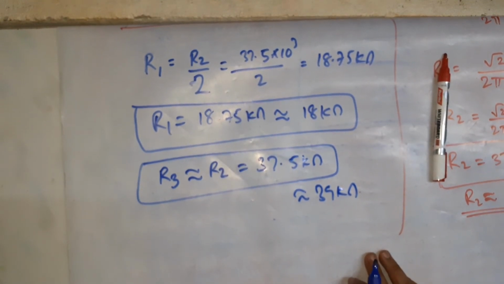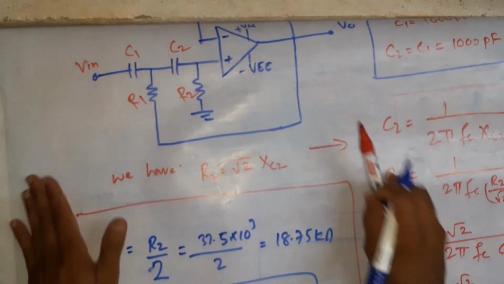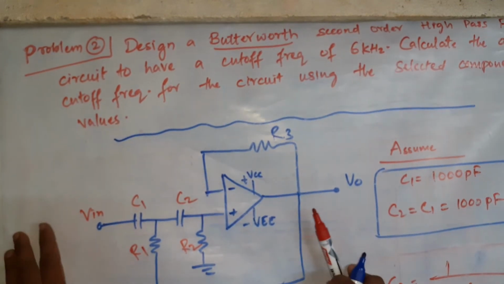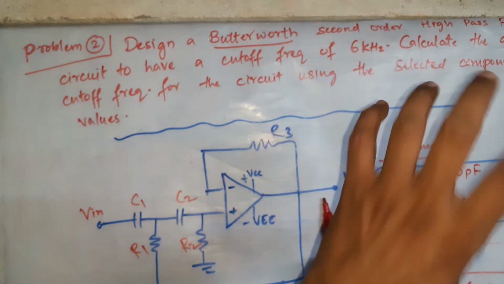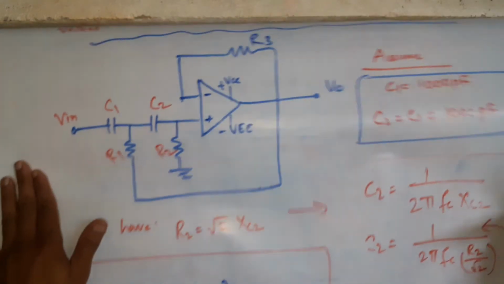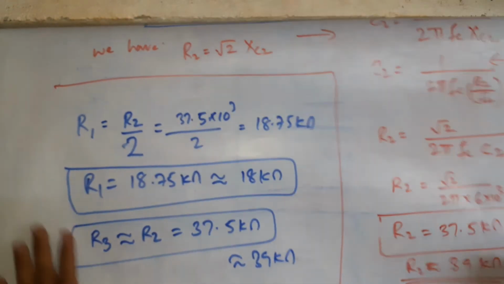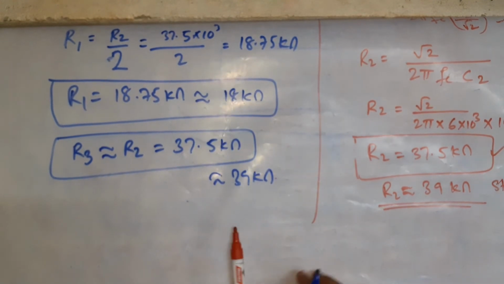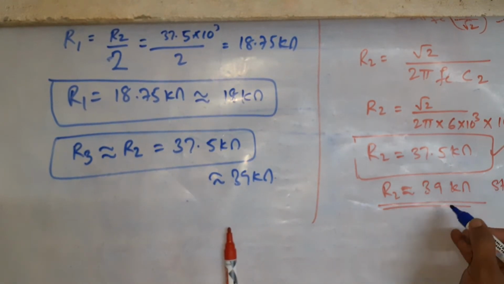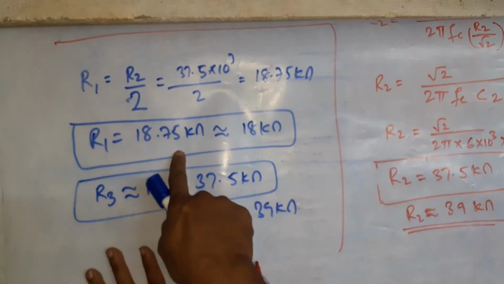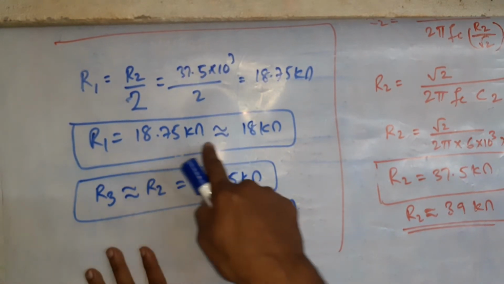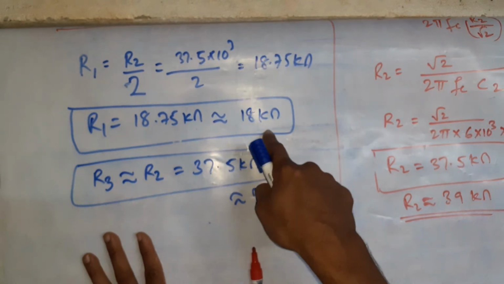Now what is asked? Calculate the actual cutoff frequency for the circuit using selected components. We have obtained 37.5, and we will be choosing 39 kilo ohm as standard. Here we have obtained 18.75 kilo ohm, and we will be choosing 18 kilo ohm as the standard resistor.